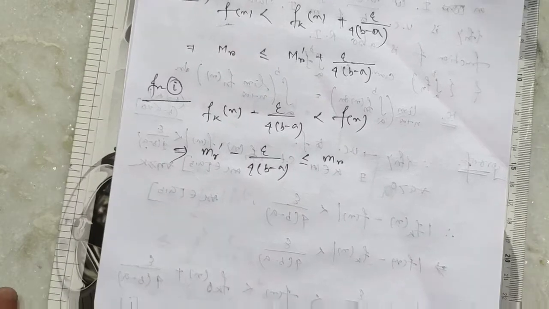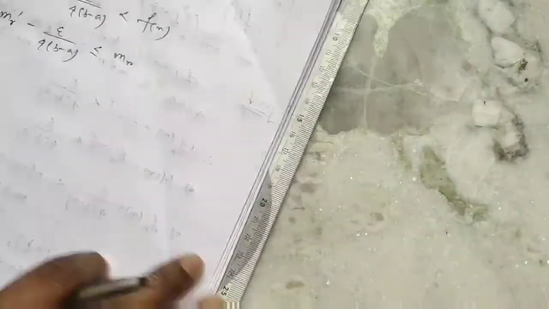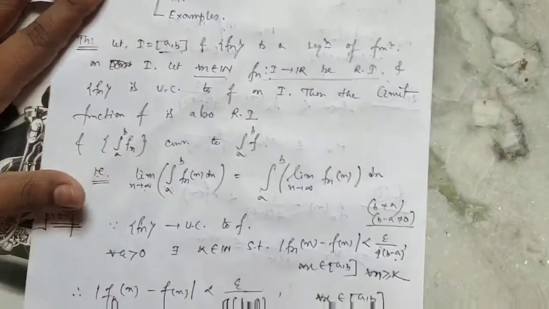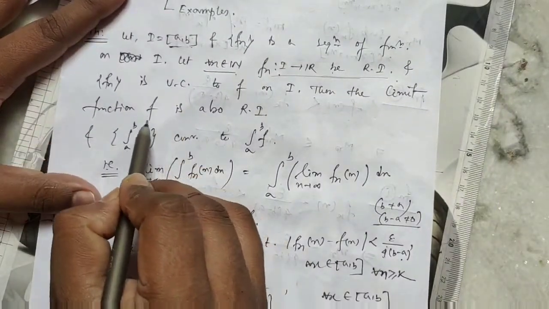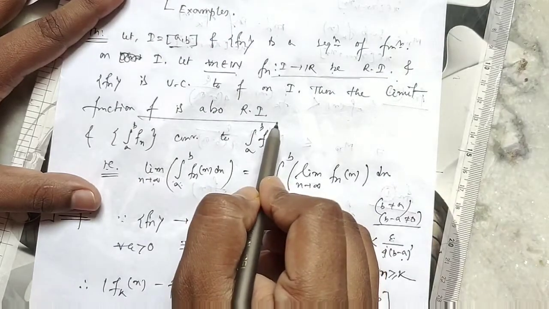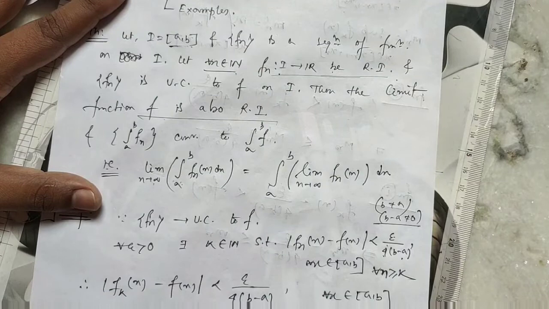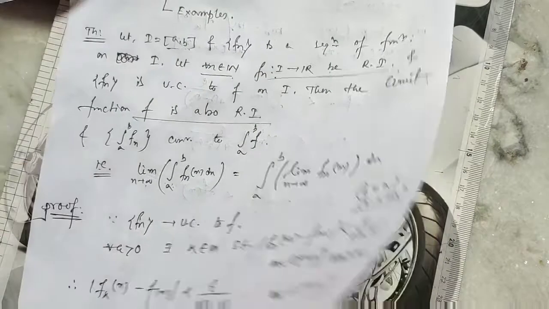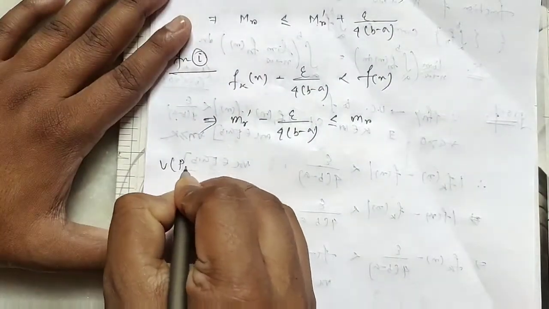Now we calculate U(P,f) and L(P,f) because we have to prove that f is Riemann integrable. So we prove U(P,f) minus L(P,f) is less than epsilon. First we find U(P,f).